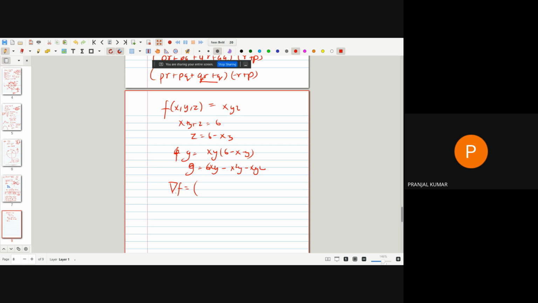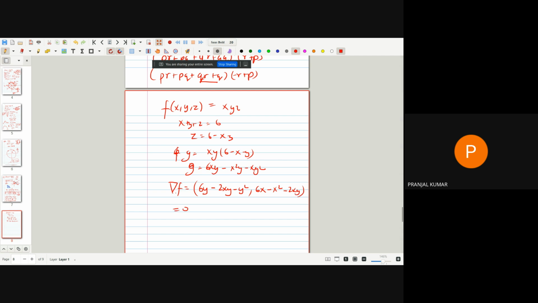Just do partial differentiation with respect to x, then with respect to y, since this is a function of two variables. So you will get 6y minus 2xy minus y square, comma, then with respect to y, 6x minus x square minus 2xy.